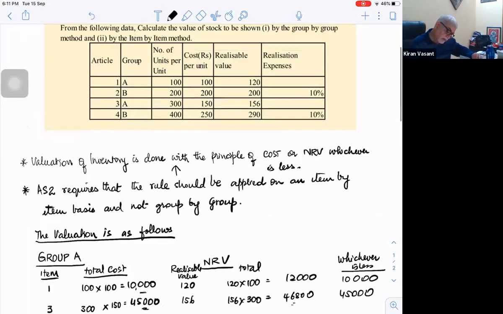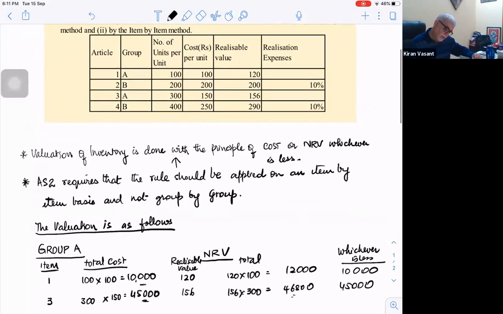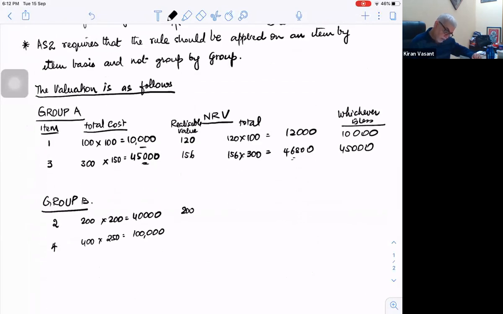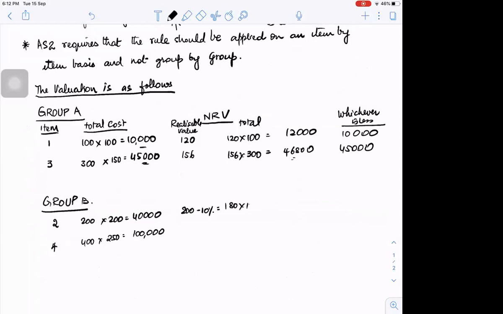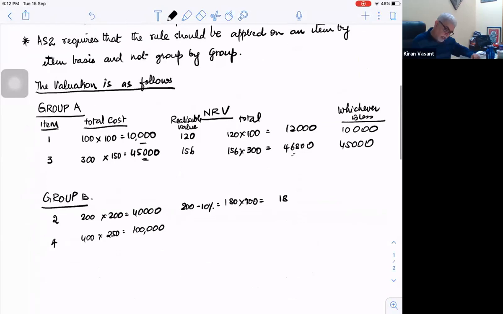NRV: $200 minus 10%, so that will be 180. 180 into 200, sorry. That will be 36,000.